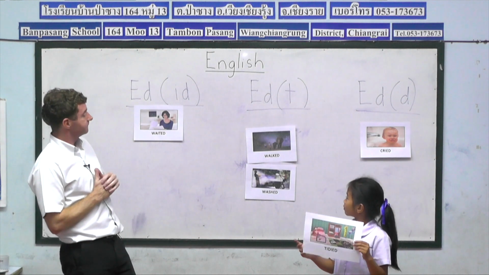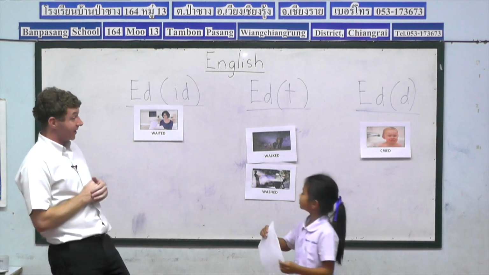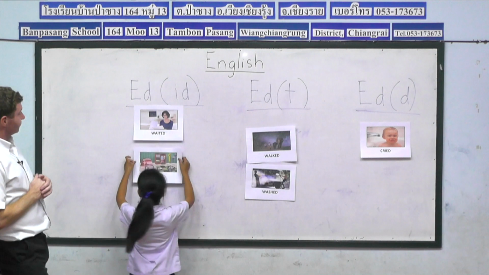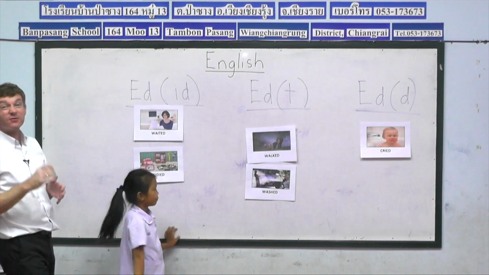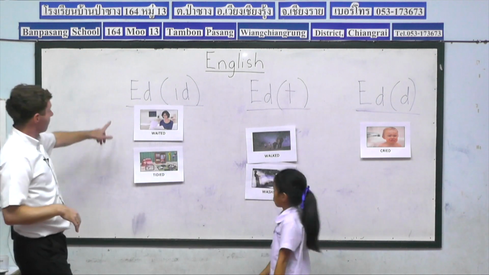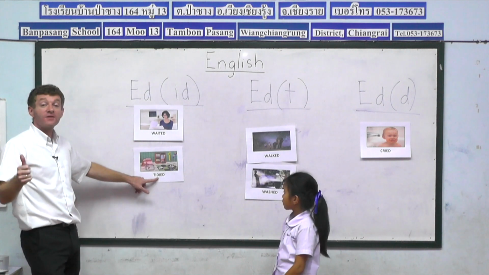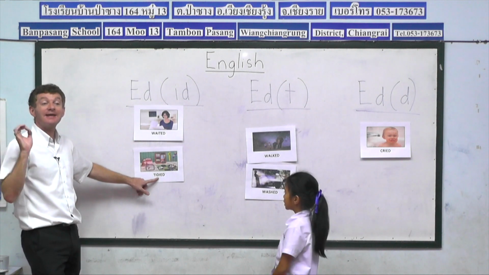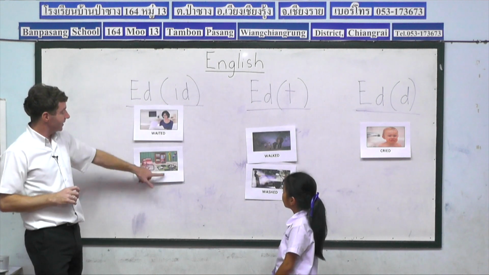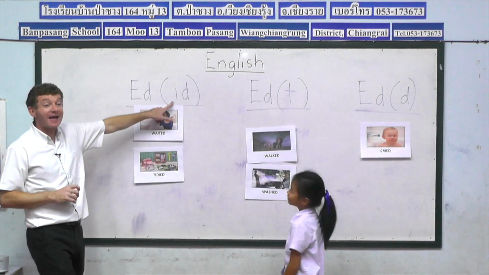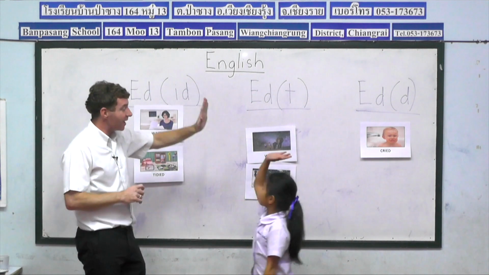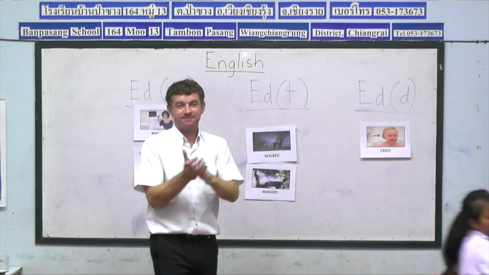What do we think? ID is correct. Well done. You see, ED is pronounced as ID. So one more time, Prau. Tidied. All together, guys. Tidied. ED pronounced as ID. High five for Prau and a big round of applause.